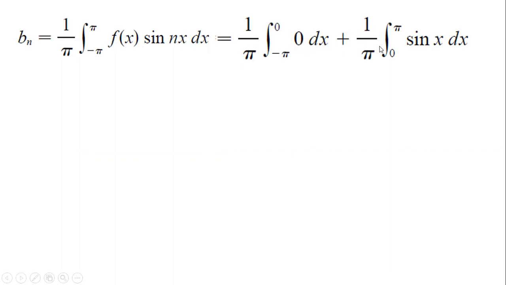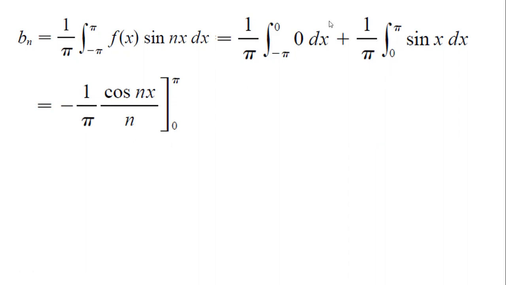Plus 1 over pi times the integral of sine nx dx from 0 to pi, because our function is defined as 1 from 0 to pi. If we try to evaluate this, this will give us this one. So let's try.